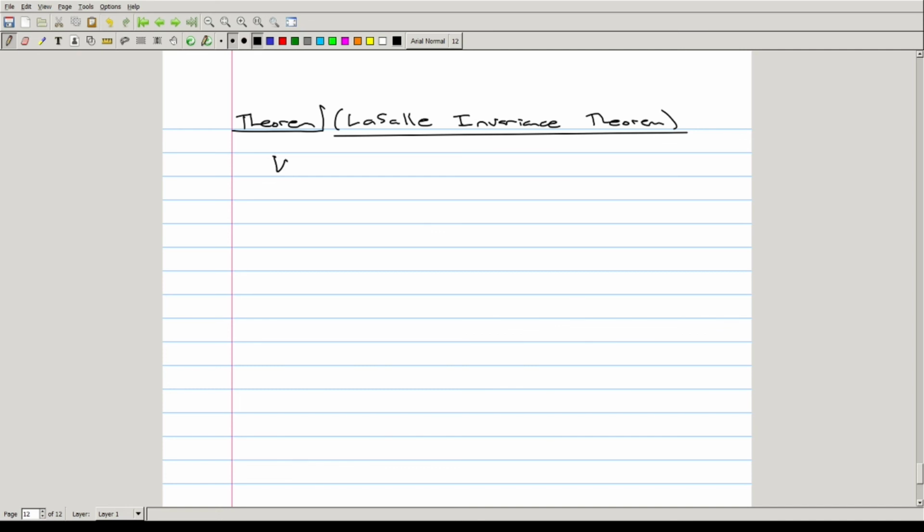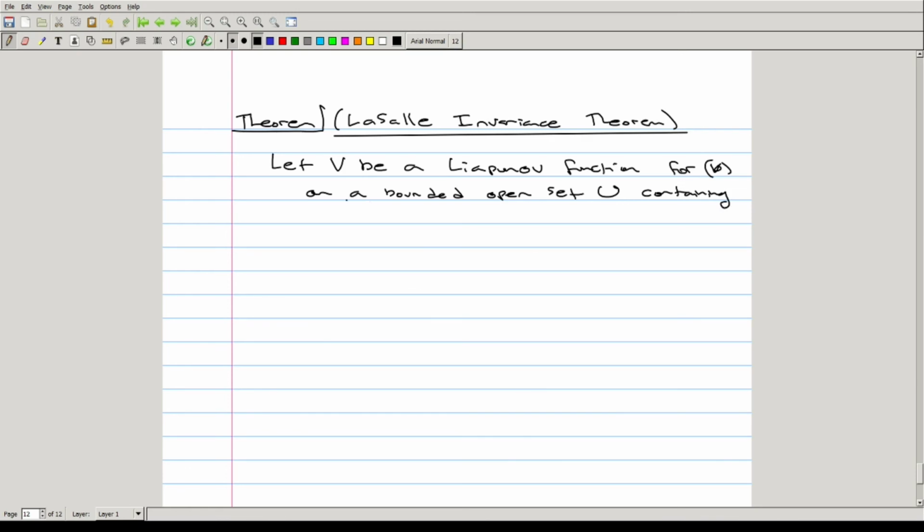And again, we have, let V be a Liapunov function for the differential equation system star on a bounded open set U containing an equilibrium point xi star.